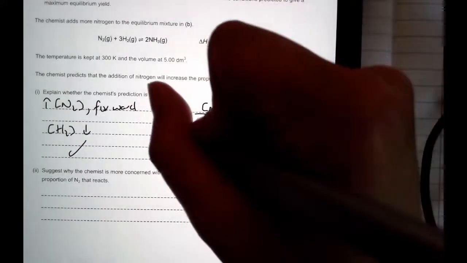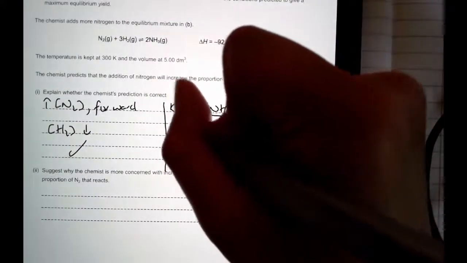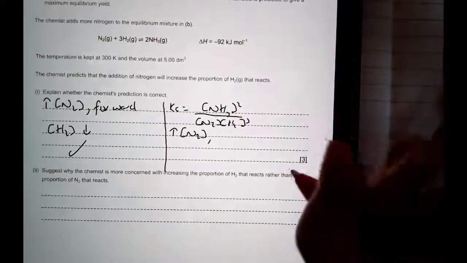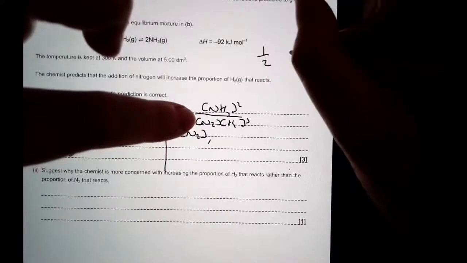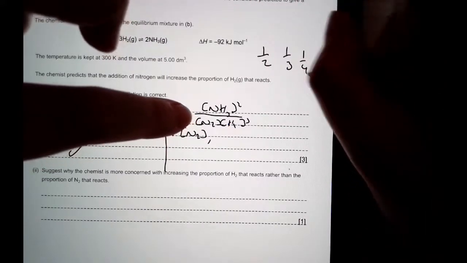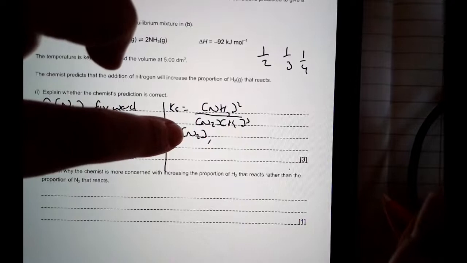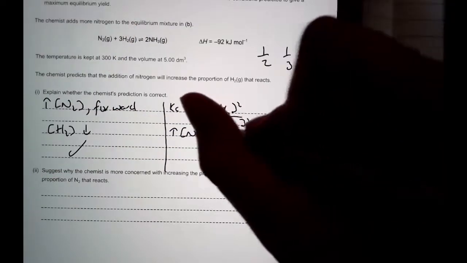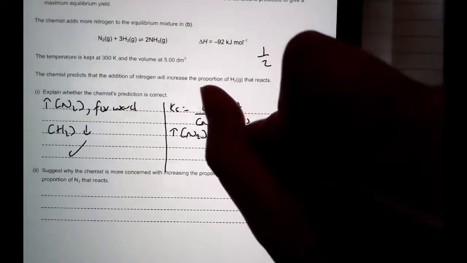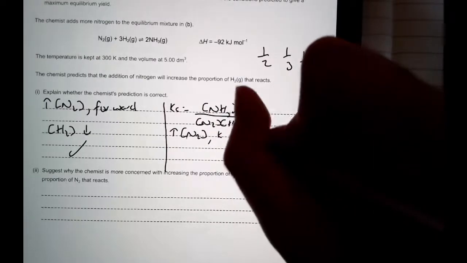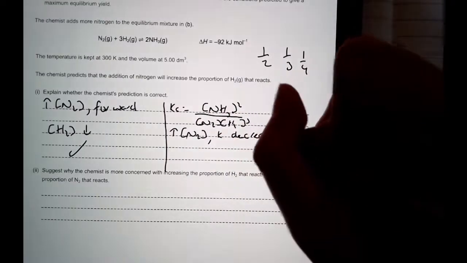And I'm going to say if I increase the concentration of N2, then I'm increasing a number here on the bottom. Remember it's like the same as going from a half to a third to a quarter. If you increase the number on the bottom, then your overall value for Kc would decrease.